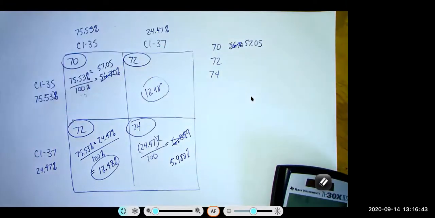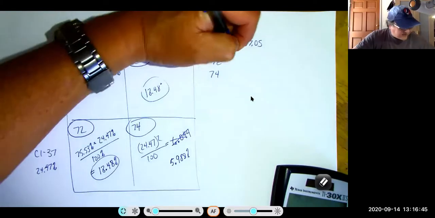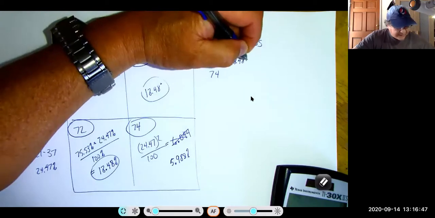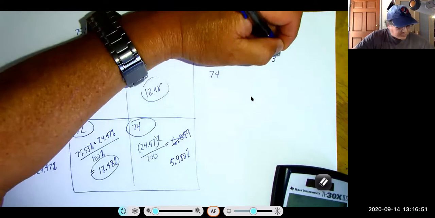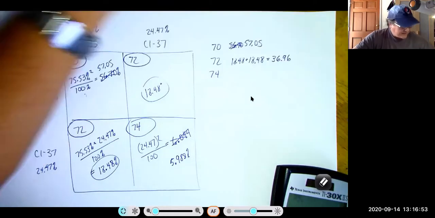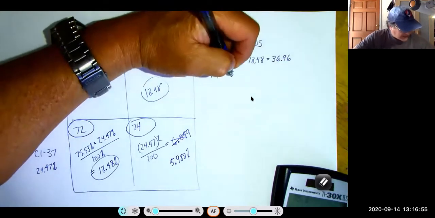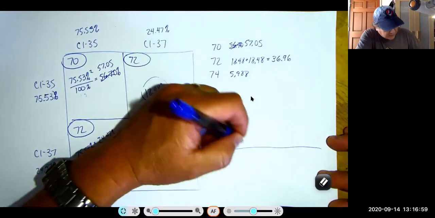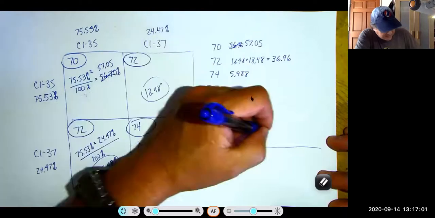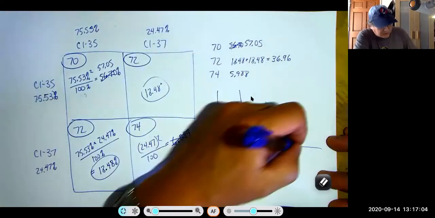So this one ends up being 18.48 plus 18.48, which is 36.96. And this one ends up being 5.988. So if we draw that out, we get something here, here, and really short.